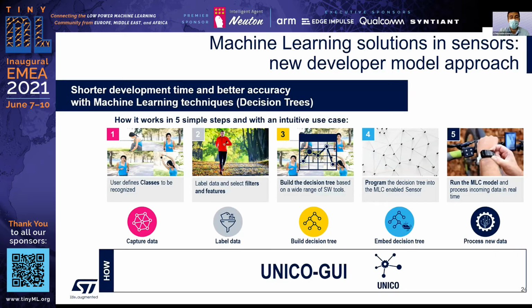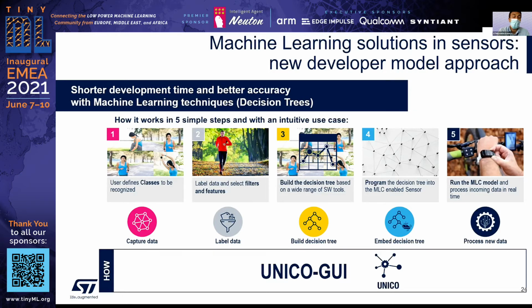After capturing the data and labeling it, what we have to do is build the decision tree based on the data that we provided. Once everything is done, we can take this decision tree and embed it in our sensor. And once the sensor is loaded with this new configuration, it will process the data by itself, and it will provide as output the decision of which class has been identified at that moment.